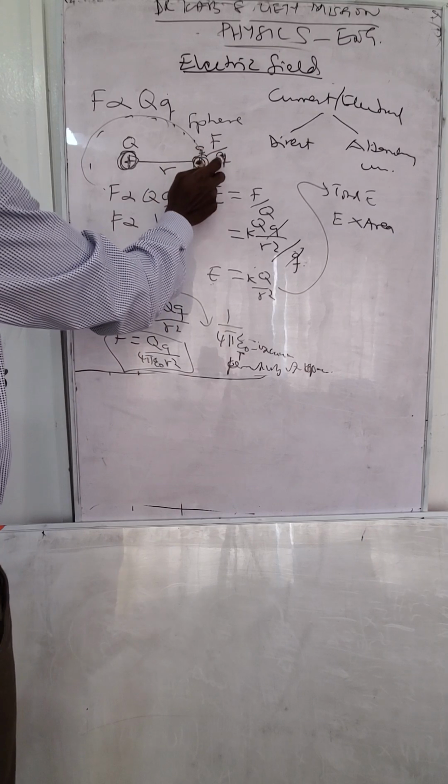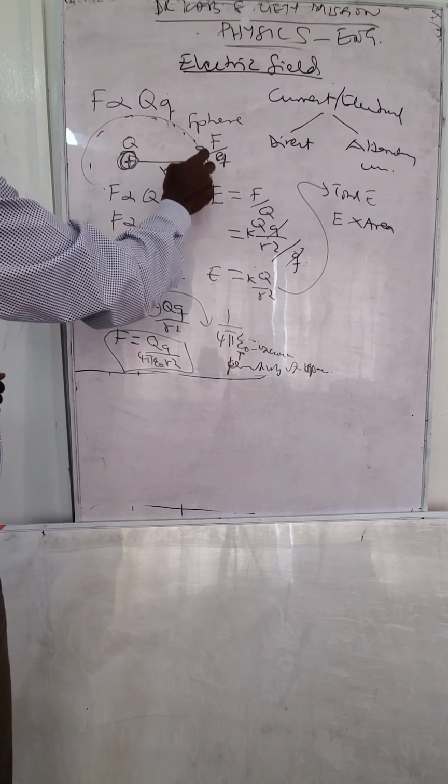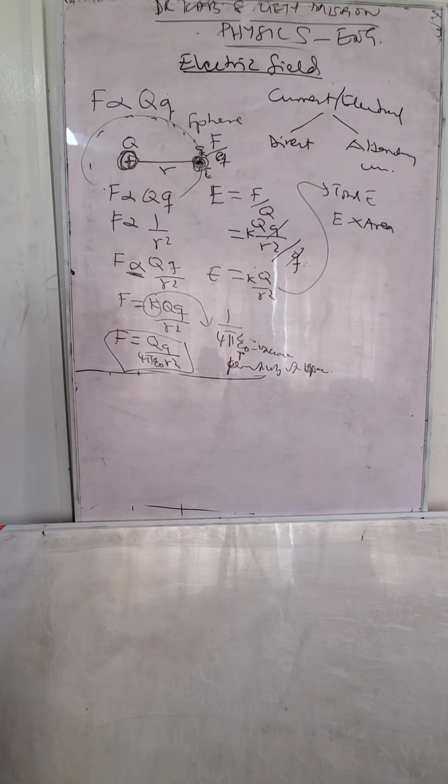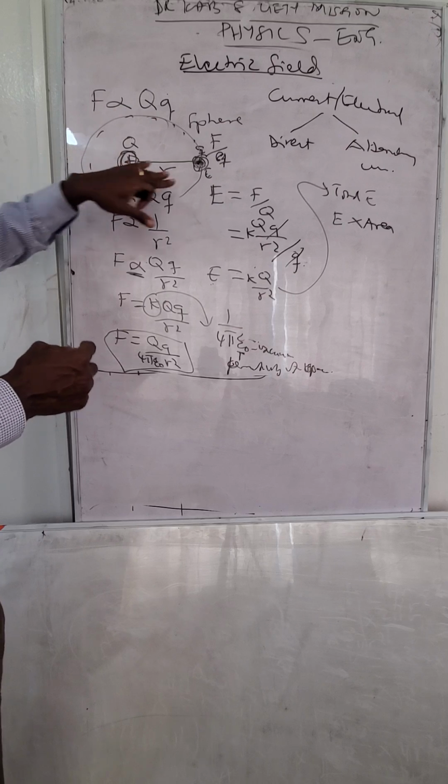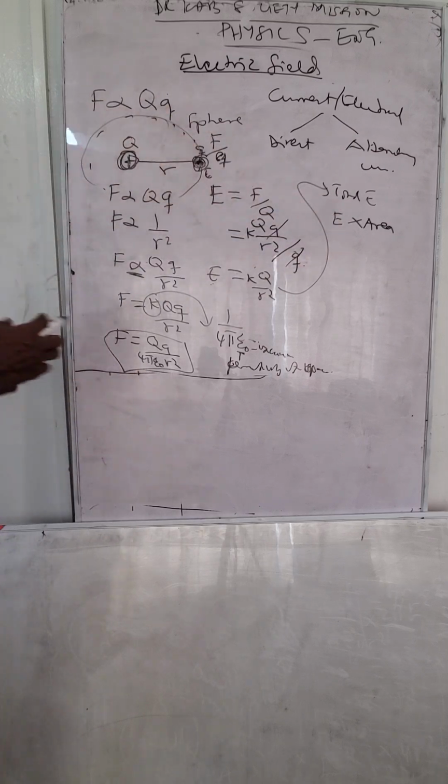When you divide force by Q, you are getting the intensity for this area, and that is per charge there. Good. So if you want the total, you multiply by the surface area, and you are getting the total.